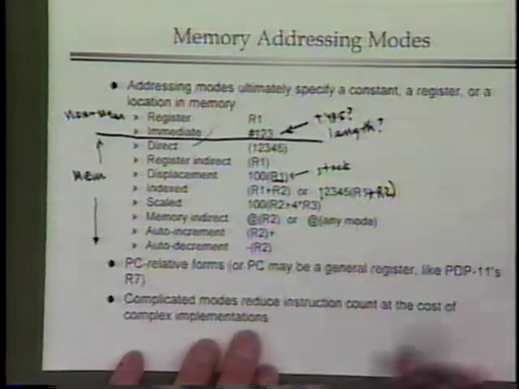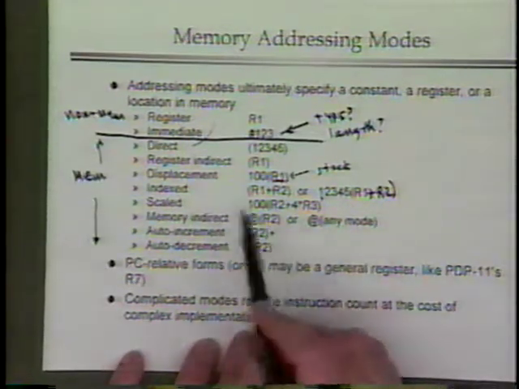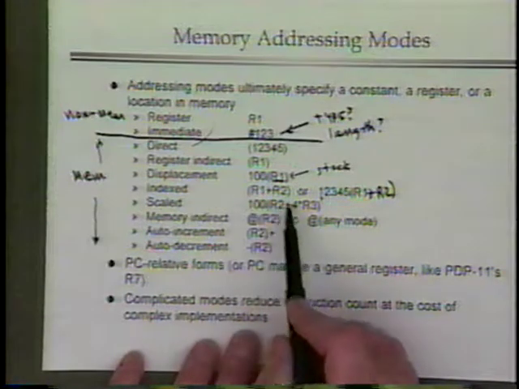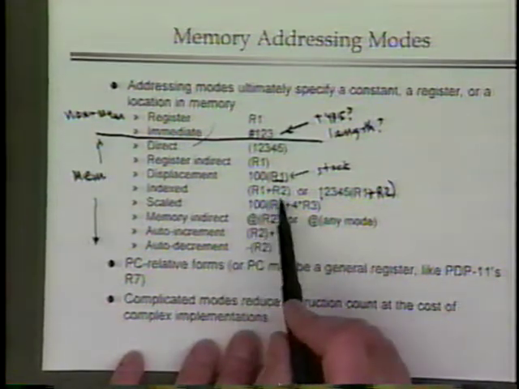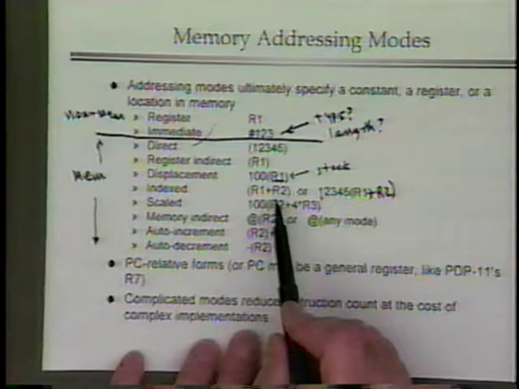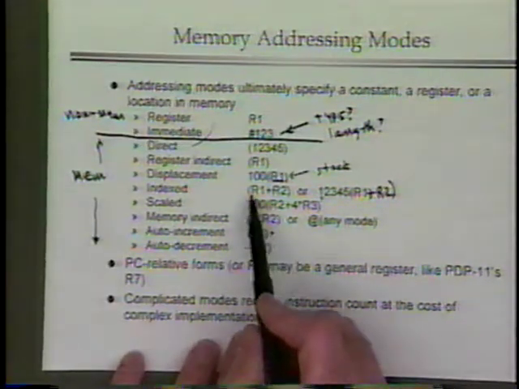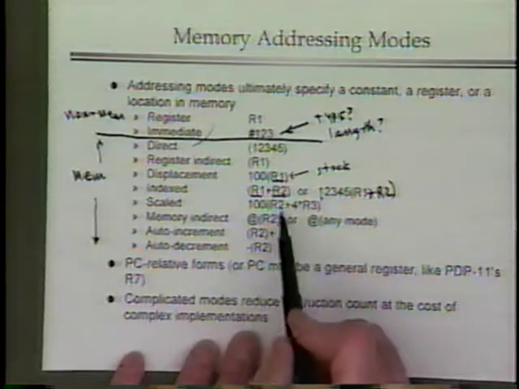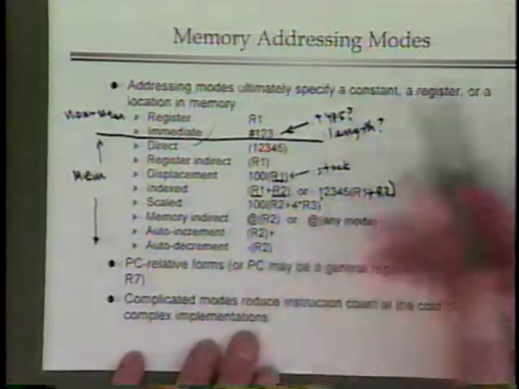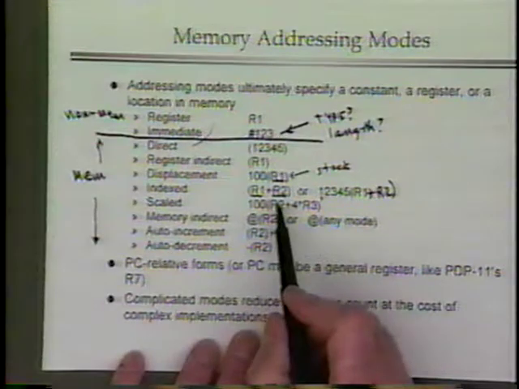Well, it's more complicated than that. Actually, there can be a variety of forms of indexing. One is that you take the contents of two registers and add them together. Where might you want to use that? Well, let's say that you're accessing an array on the stack where R1 is the stack pointer and R2 is the computed offset into the array that you want to access that variable at.